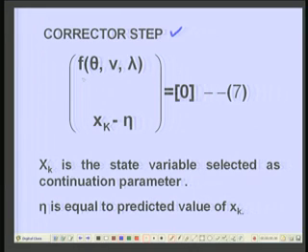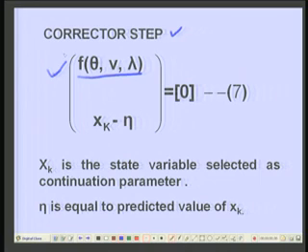Now, in the function f of theta, v and lambda, the number of unknowns are theta, v and lambda, but the number of equations is one less, because when you formulated the equations, you added a term lambda times k, but the number of equations remained the same. To get the solution, we add one more equation.